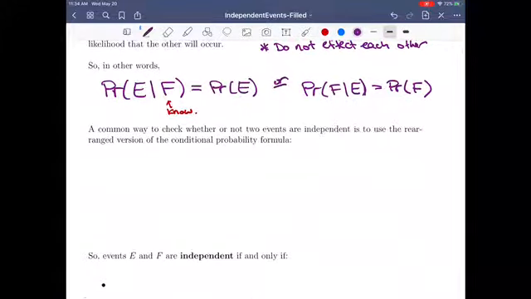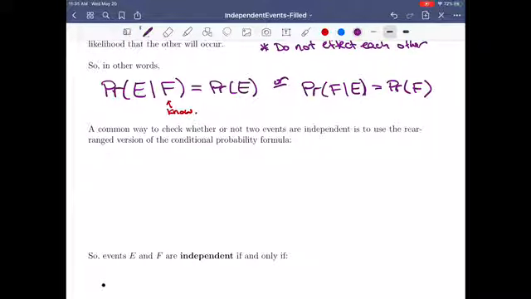There are lots of different ways to check whether events are independent. You could use the things that I listed, or there's another, more commonly used way, and it comes about by rearranging the conditional probability formula.